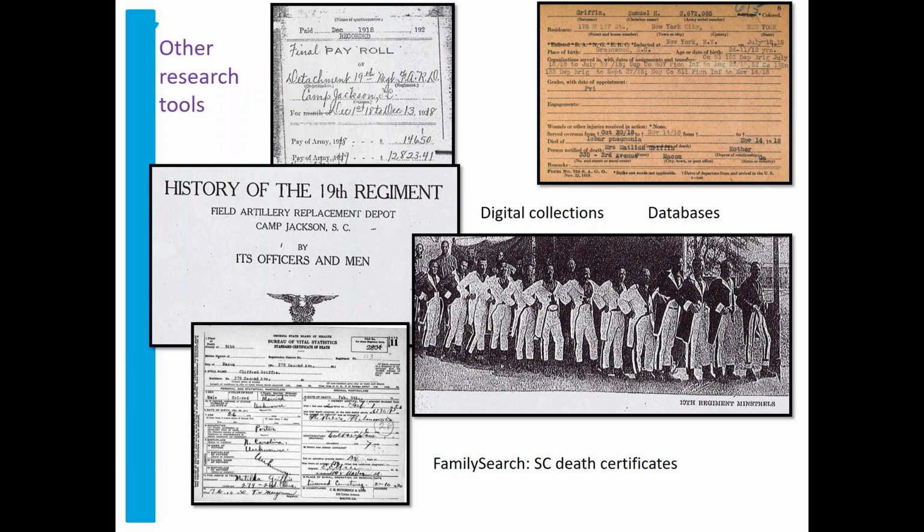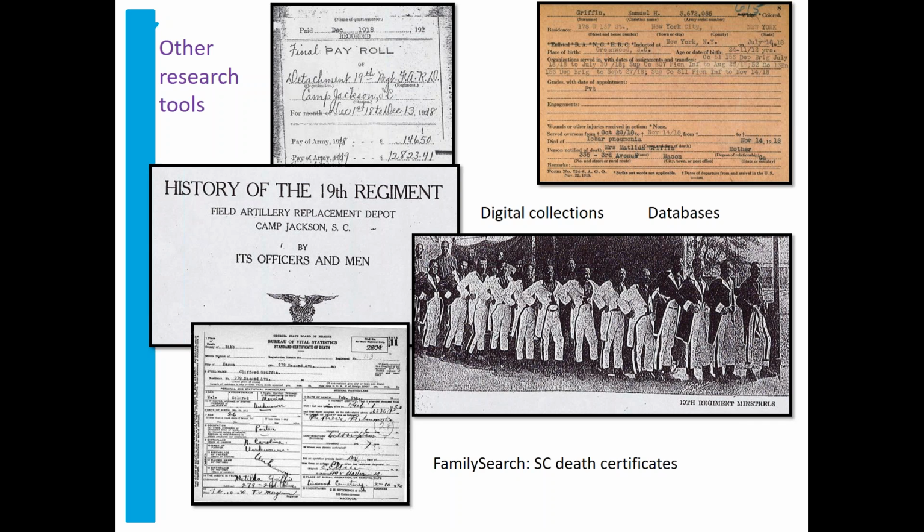Of course, databases. I liked that history of the 19th Regiment. You see that there. We have that on our website. That was a black regiment in World War I at Fort Jackson, and it has a list of all the men who served in that regiment. That's the kind of stuff that's hidden in those public library databases.